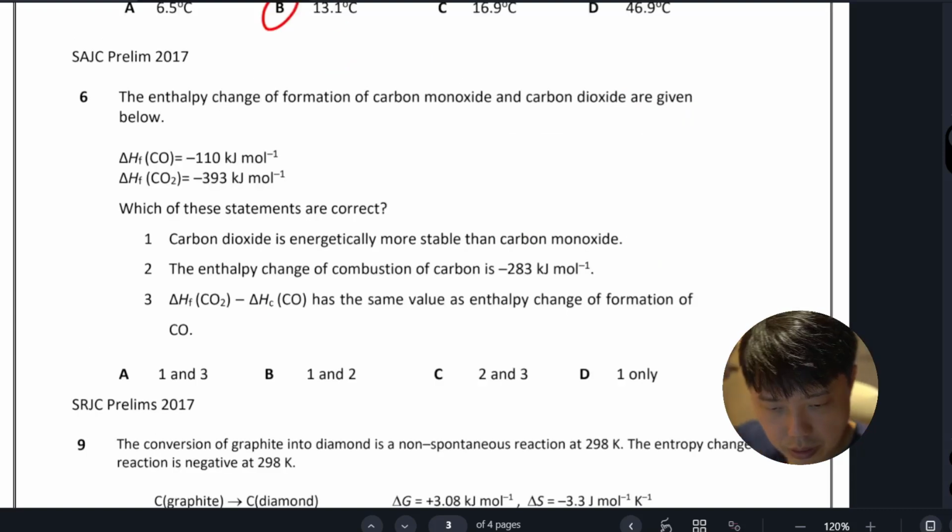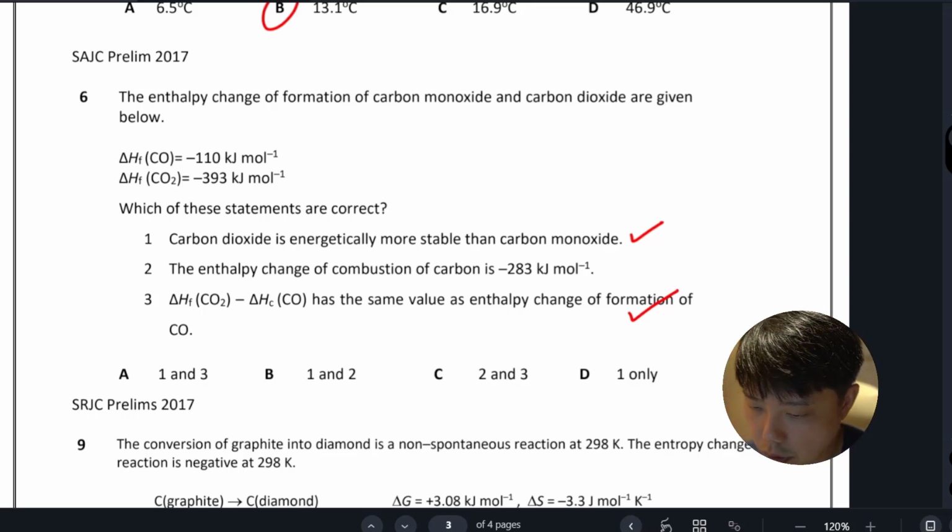Okay, so this question 6 from SAJC is pretty much the same as the one from IJC that we've gone through earlier on. So probably don't need to go through it again. So here is A. Only 1 and 3 are correct.